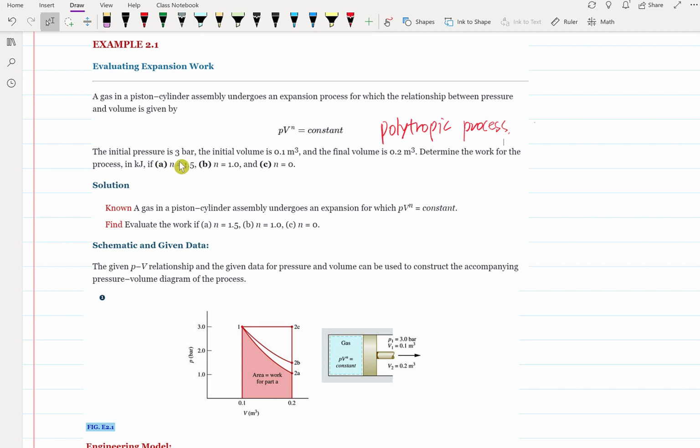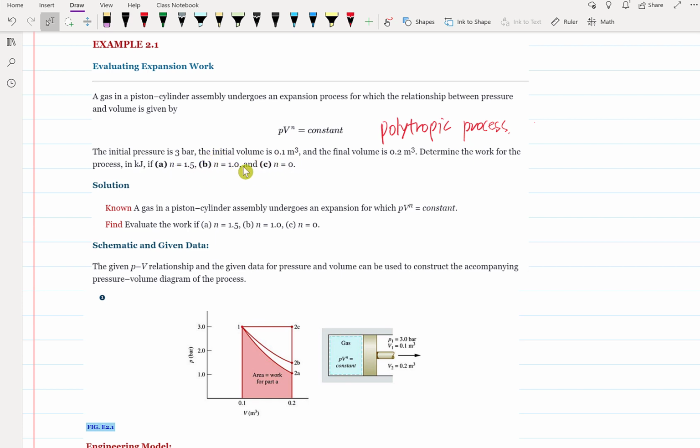Initially the pressure is 3 bar, the volume is 0.1 cubic meter, and the final volume is 0.2 cubic meter. Determine the work for the process. The pressure at state 2 is not given, and the exponent n is 1.5, 1.0, and 0, three different cases.